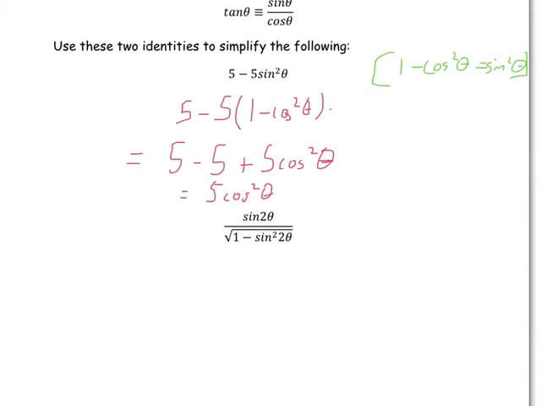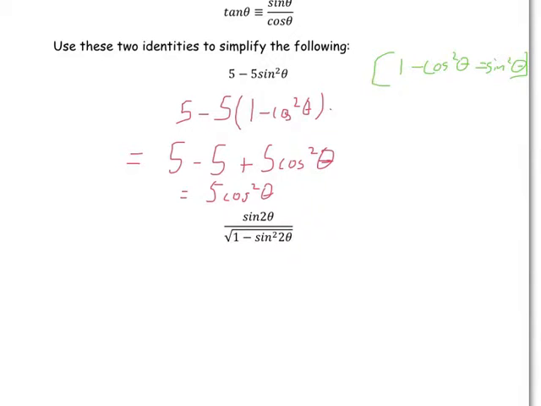For question number 2, sine 2 theta divided by the square root of 1 minus sine squared 2 theta. At the moment we can't do anything to the bottom of the fraction here. We can't just square root it, because it won't be as simple as putting 1 minus sine 2 theta.